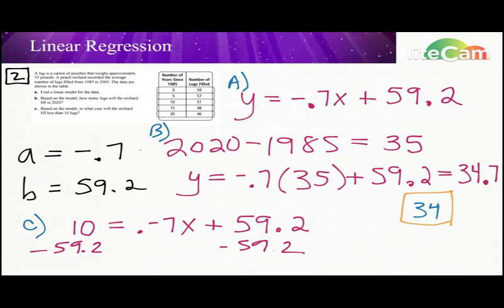And I calculate that and then divide by the negative 0.7. Okay, so we really want to know when this number will be less than 10.